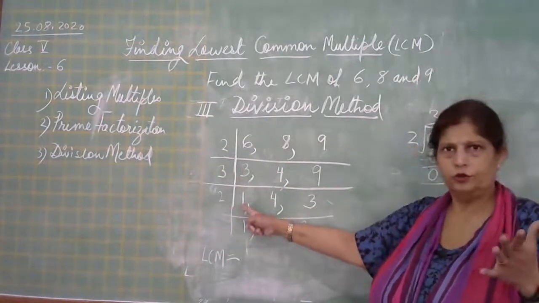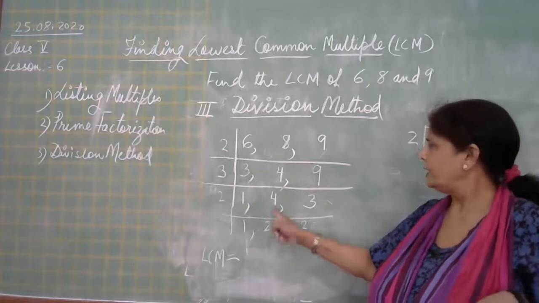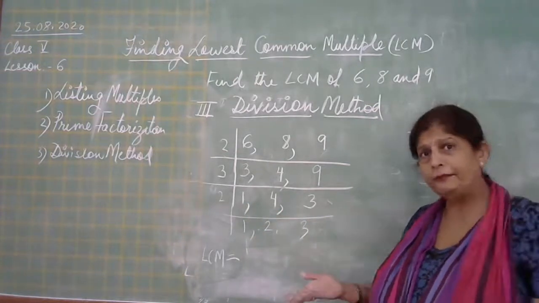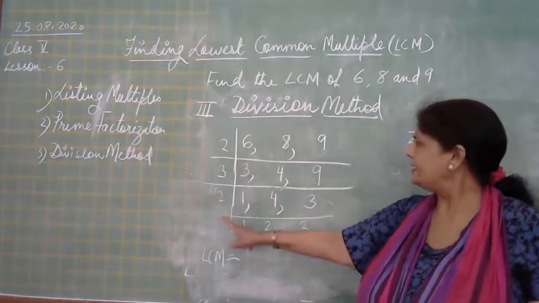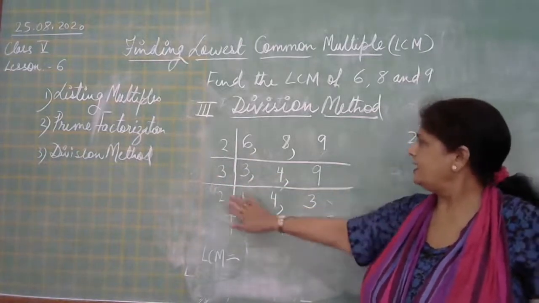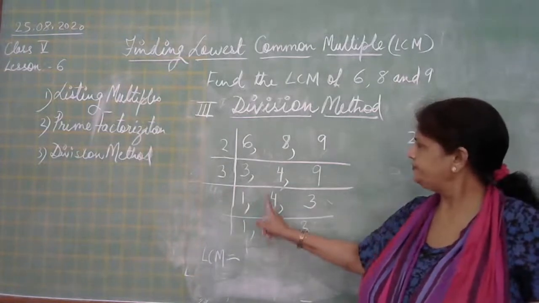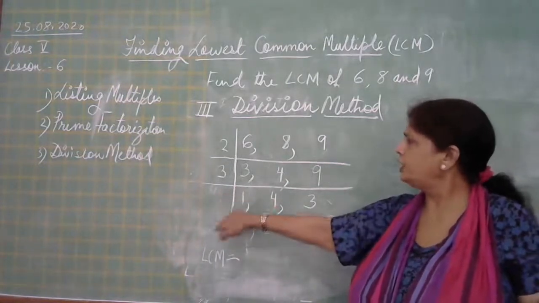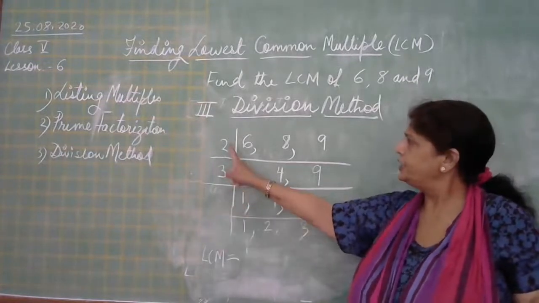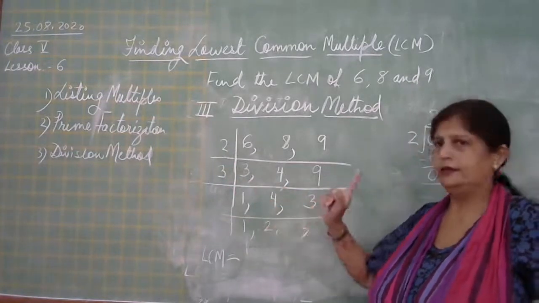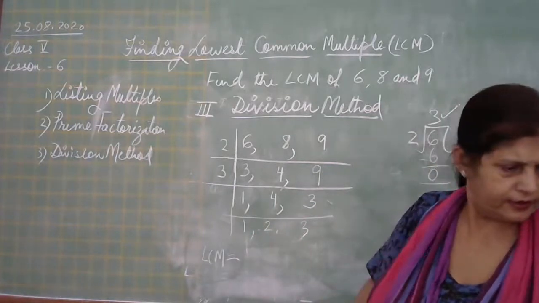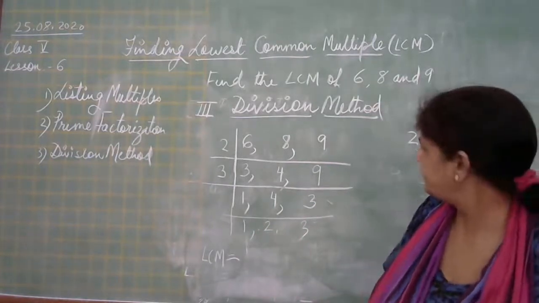The 1 is of no use, because you multiply 4 and 3. And if you want to come to prime numbers only, then in that case, 1, 2, 3. And if you are taking this step, then you will not count this 2. You will take 2, 3, 4, 3. Okay? But I will suggest that you take it this way.